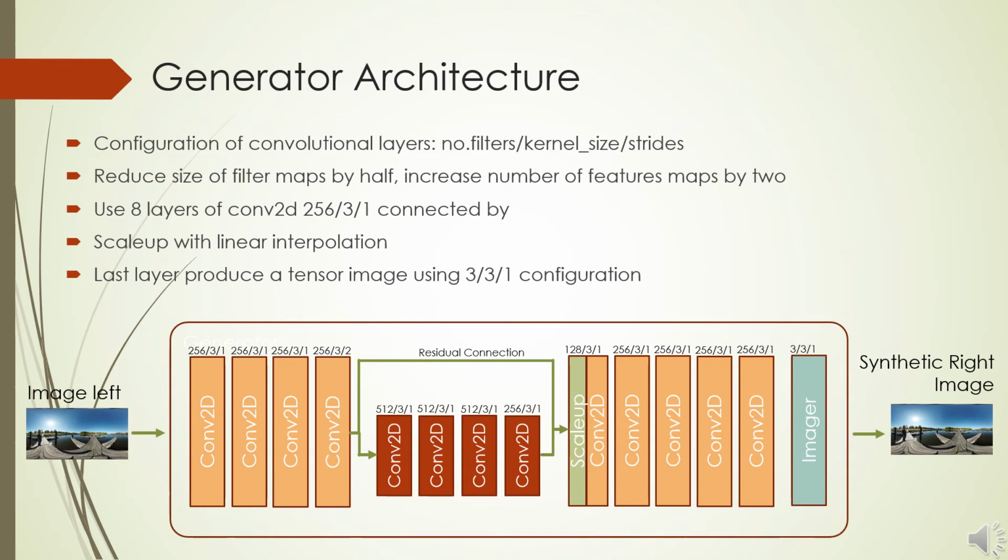Thus, the red group will increase the feature extraction and feature representation power of the network. On the other hand, the residual connection will facilitate the learning of the network. The last layer, colored in green, will produce an image from the result of the previous layer.